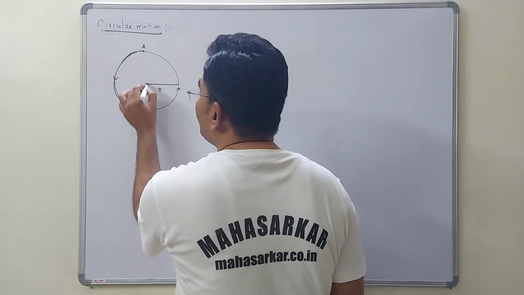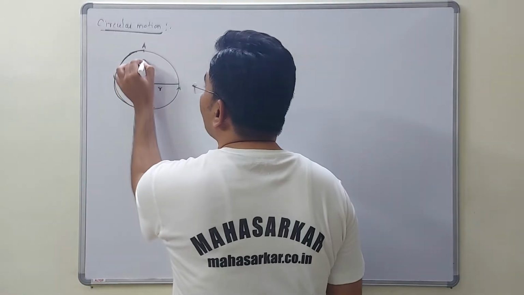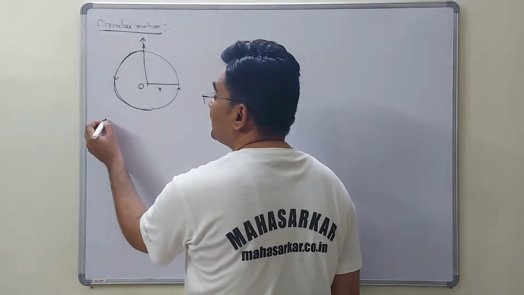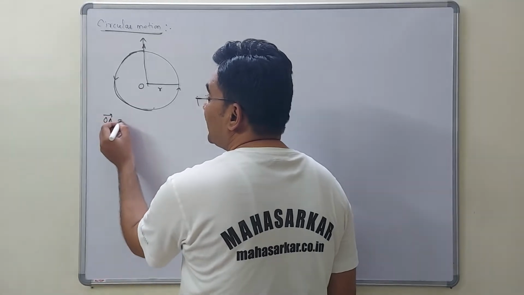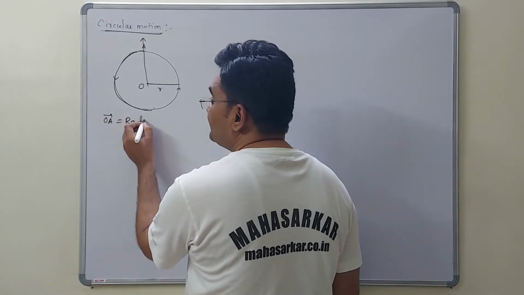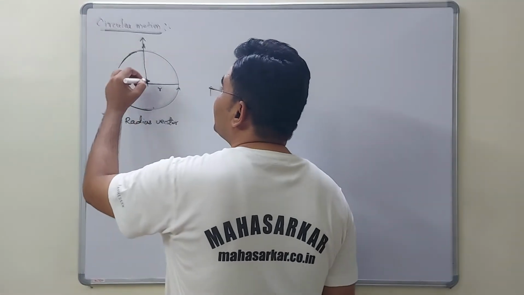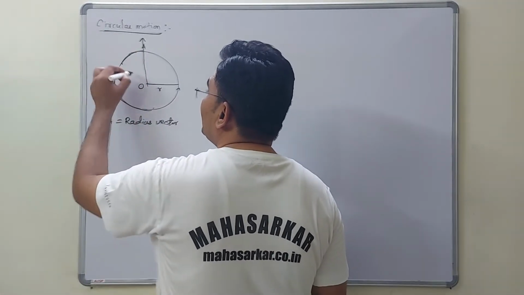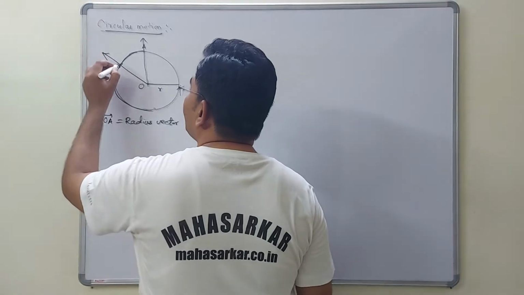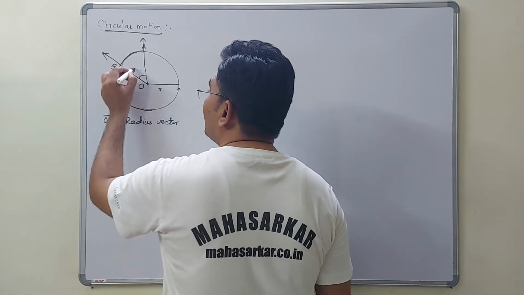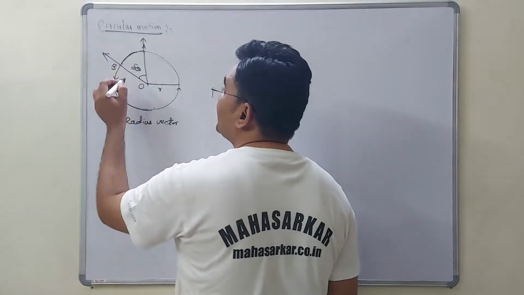Now when we deal with circular motion, say initially the object was at point A. The direction of that position from O to the point A can be indicated by vector OA. So vector OA I will call the radius vector. Now say the object changes its position from point A to point B such that it describes a very small angle, say delta theta.